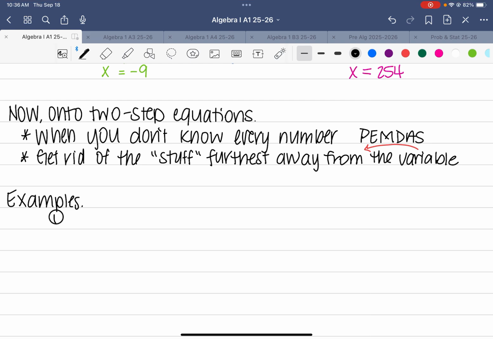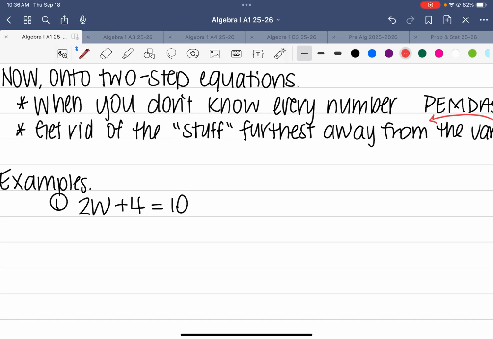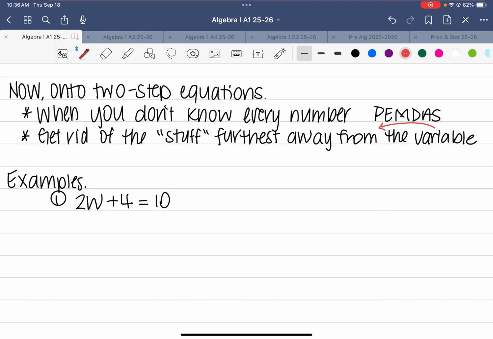First example. I have 2w plus 4 equal to 10. What 2 operations am I doing in this problem? In this problem, I'm obviously adding. And what am I doing with my 2 and my w? I'm multiplying.